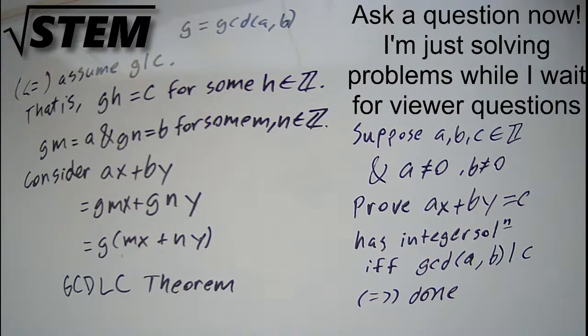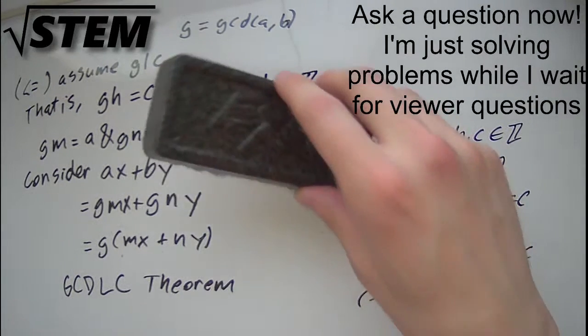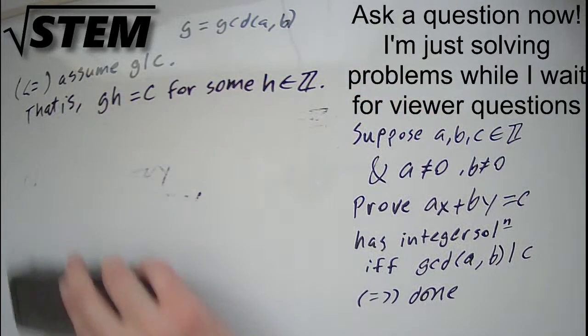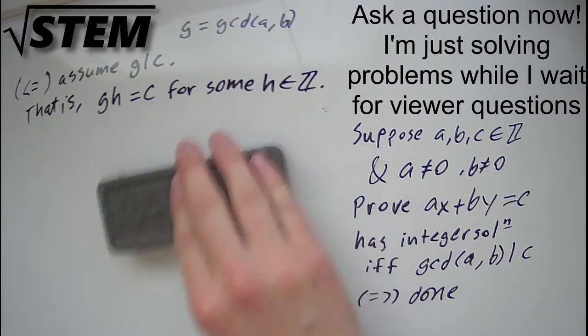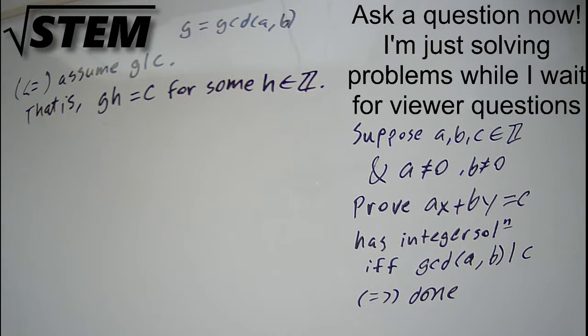So let's see if I can implement that. I'm gonna step back to before this. So for any integers a and b, we have a and b.